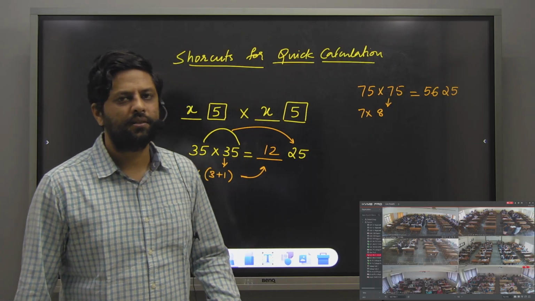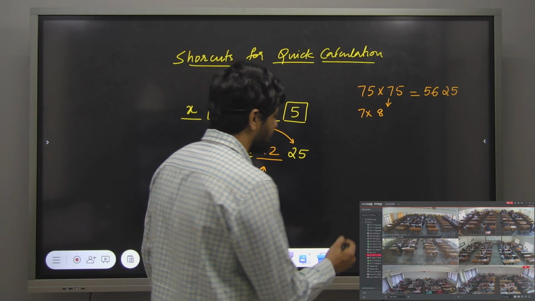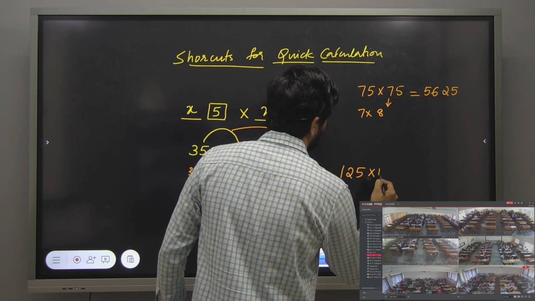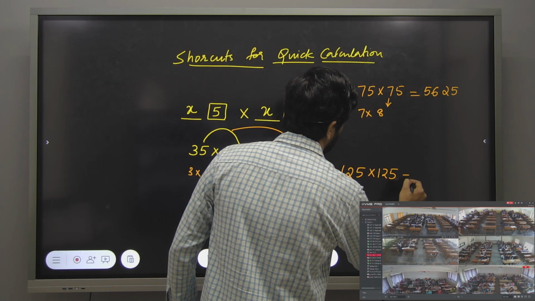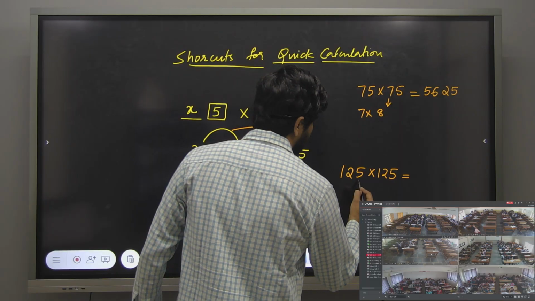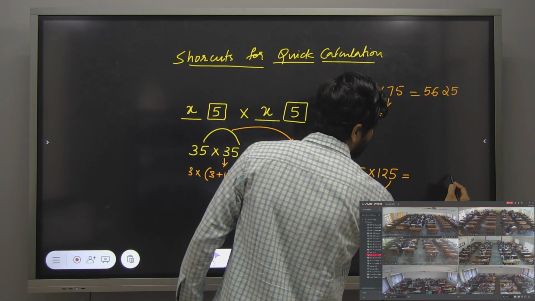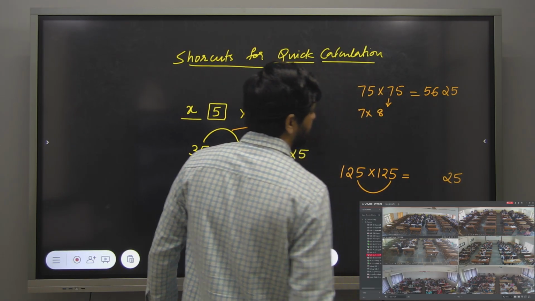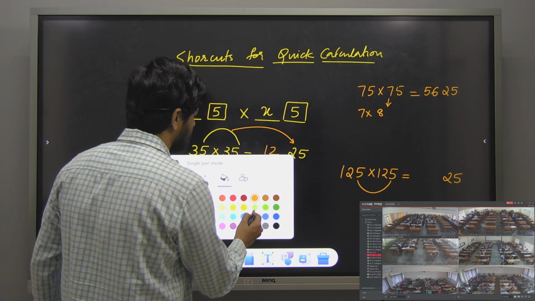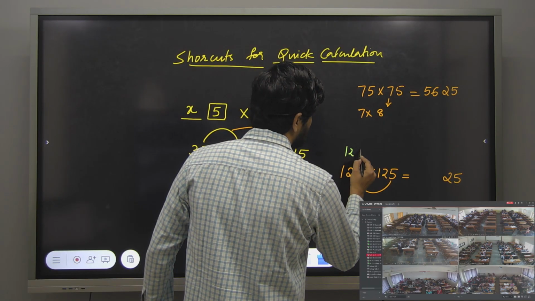Even when you go to higher numbers, we use the same trick. For example, I want to do 125 into 125. What will I do? First, the last two digits will be 25, since 5 fives are 25. What will I do next? The next calculation is 12 into 13.